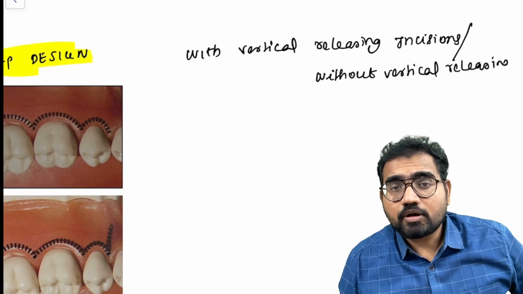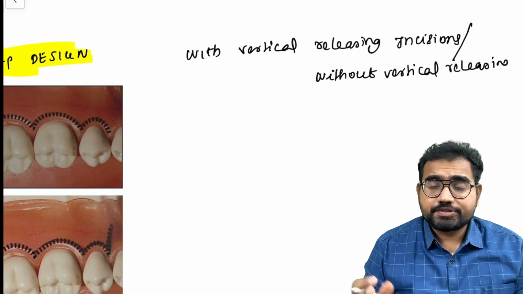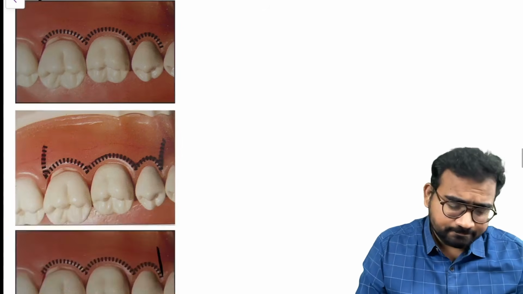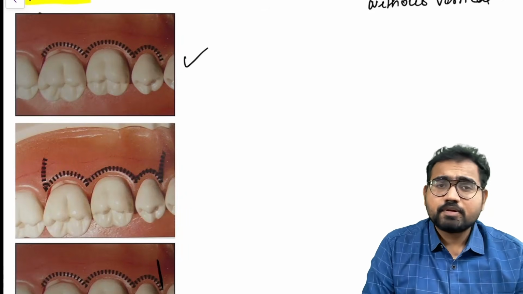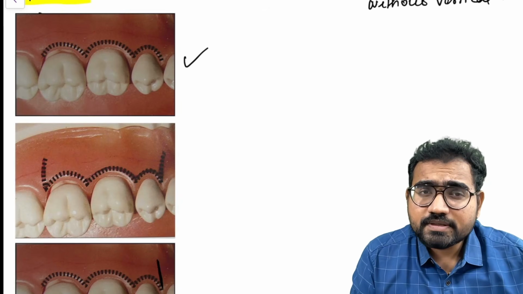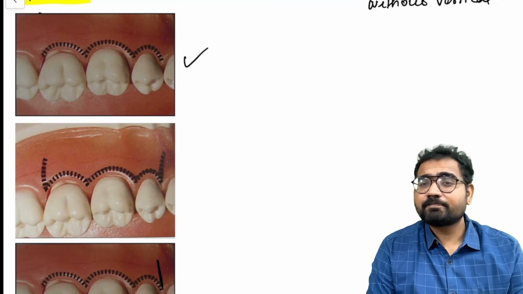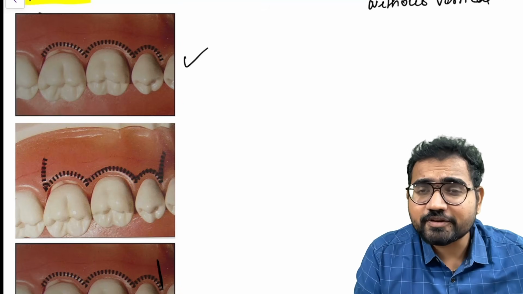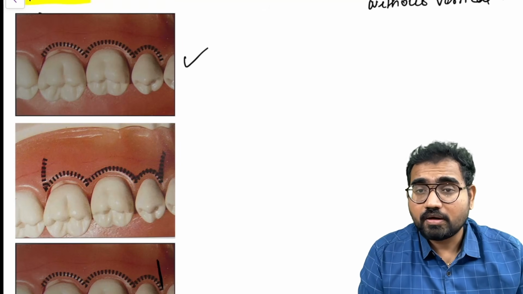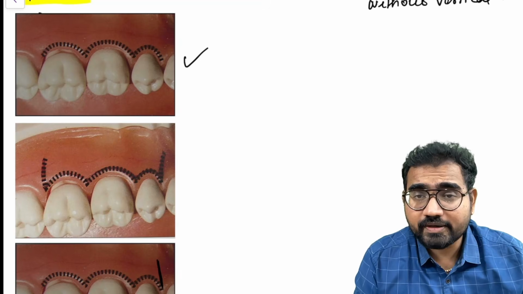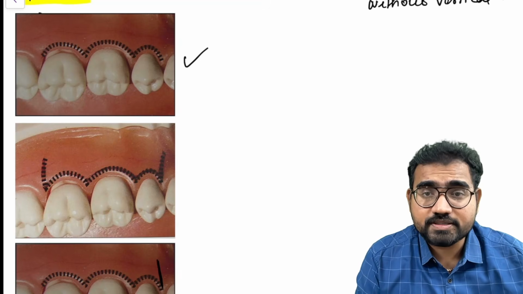What does that mean? It is very simple. Take a look at the first picture. I'm going to give circular incisions. I'm not going to give any kind of vertical releasing incisions. I'm going to give internal bevel, circular, interdental, or just circular and interdental, and no vertical releasing incisions.